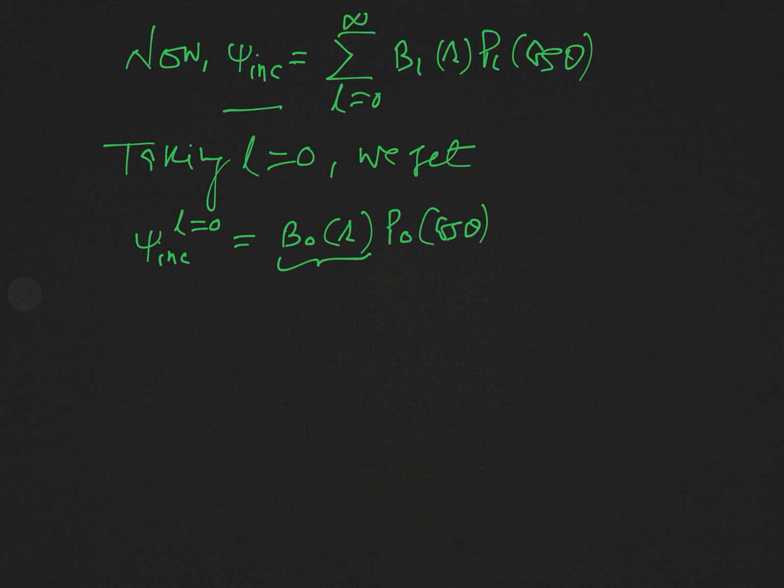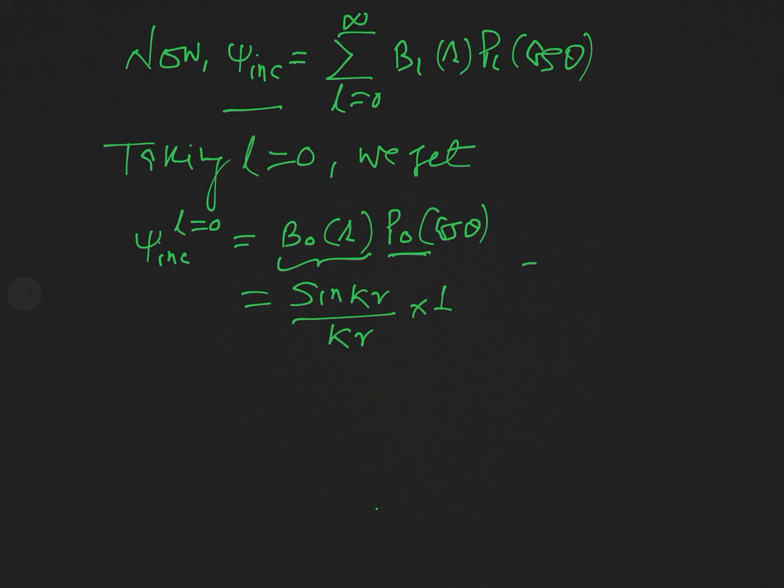And you know what is this B naught of r? We have just mentioned the value of B naught of r just now. So we have found that this is in fact sine kr by kr, and we know the Bessel function of, not Bessel function, but this is Legendre polynomial.